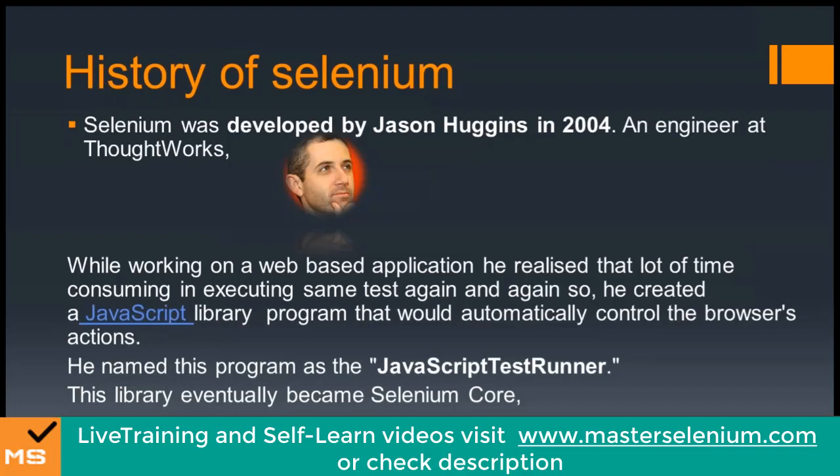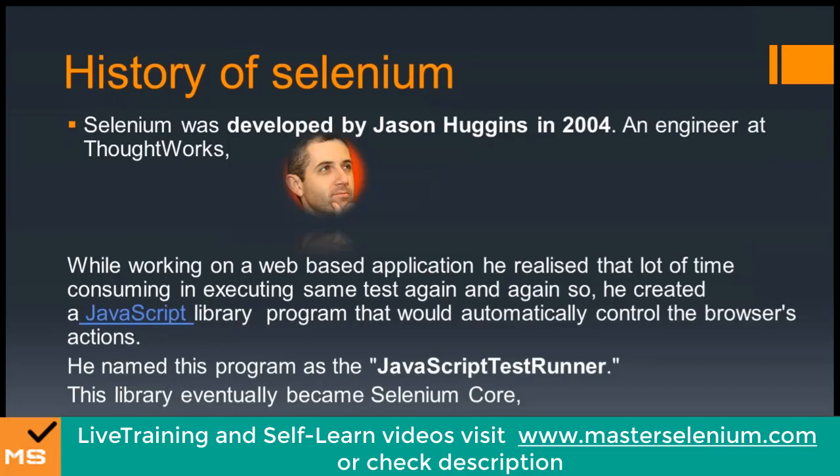As he was very fond of programming, he wrote a program in such a way that it automatically controls the browser actions, and he named that program JavaScript Test Runner. Technically, JavaScript Test Runner is the very first version of Selenium.